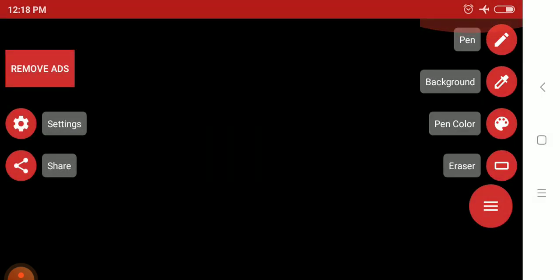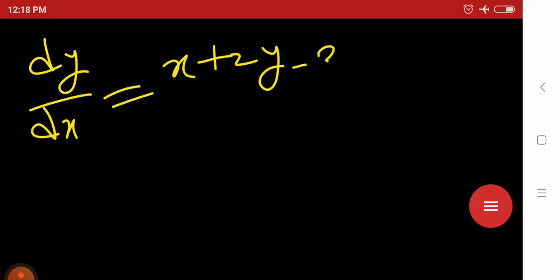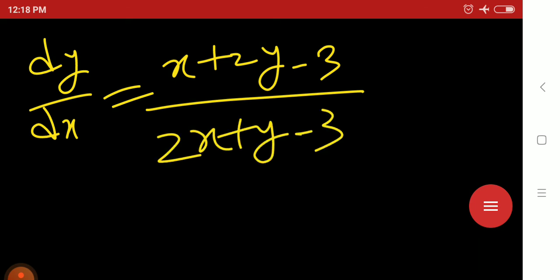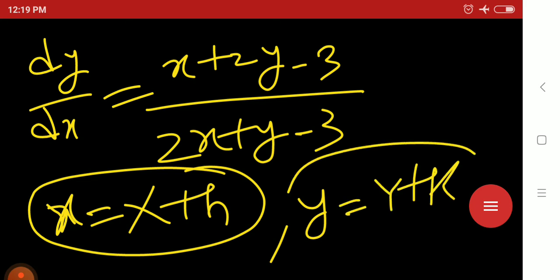I'm again writing that form. dy by dx equals x plus 2y minus 3 divided by 2x plus y minus 3, an equation reducible into homogeneous equation. Now what is the first step you have to do? Put small x equals capital X plus h and small y equals capital Y plus k.